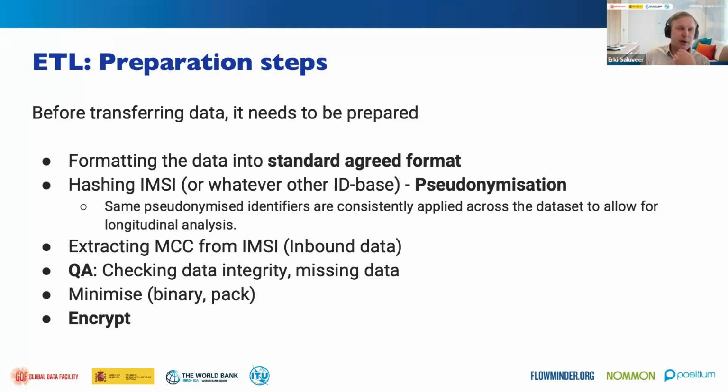Also importantly, there has to be happening a process called pseudonymization. So pseudonymization is when we lose the identifiable indicator about the subscriber, meaning, for example, the exact phone number, with a code that doesn't reveal the person identity.